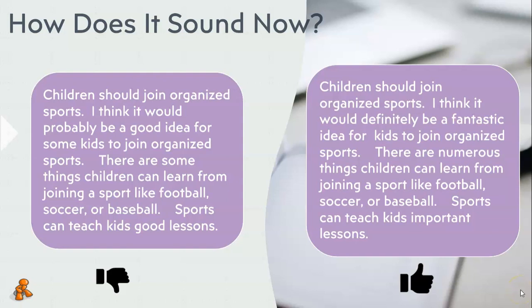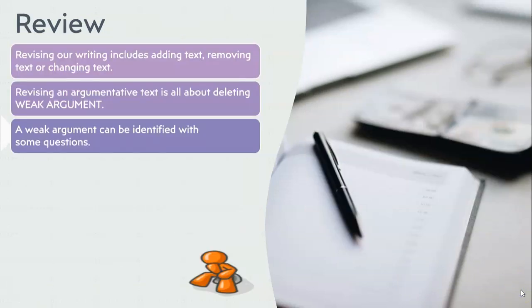All right, quick lesson today. Let's move on for a little review. We've talked about revising our writing, and we know that revising includes adding text, removing text, or changing text. But when we talk about revising argumentative text, revising an argumentative text is all about deleting weak arguments.